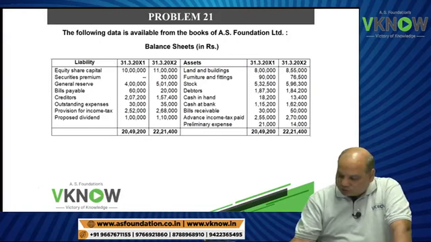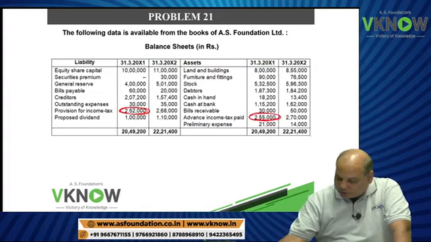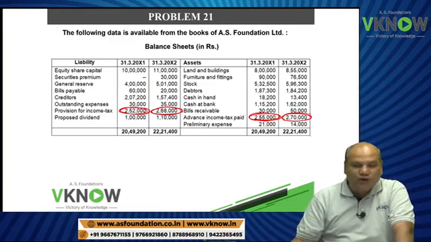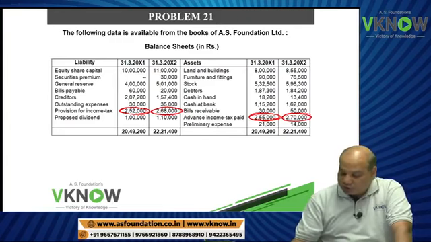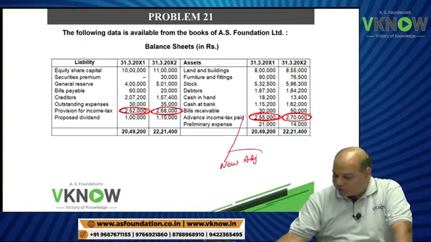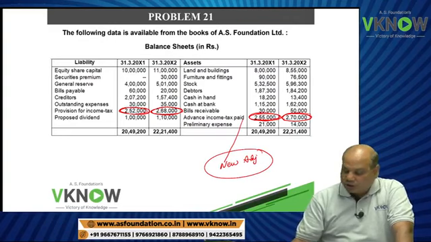Is it right? Last year provision for taxation was 2,50,000, advance tax paid 2,55,000. This year provision is 2,68,000 and this year advance tax is 2,70,000. So there is a new adjustment in this problem related to advance tax. Something is new in every problem.